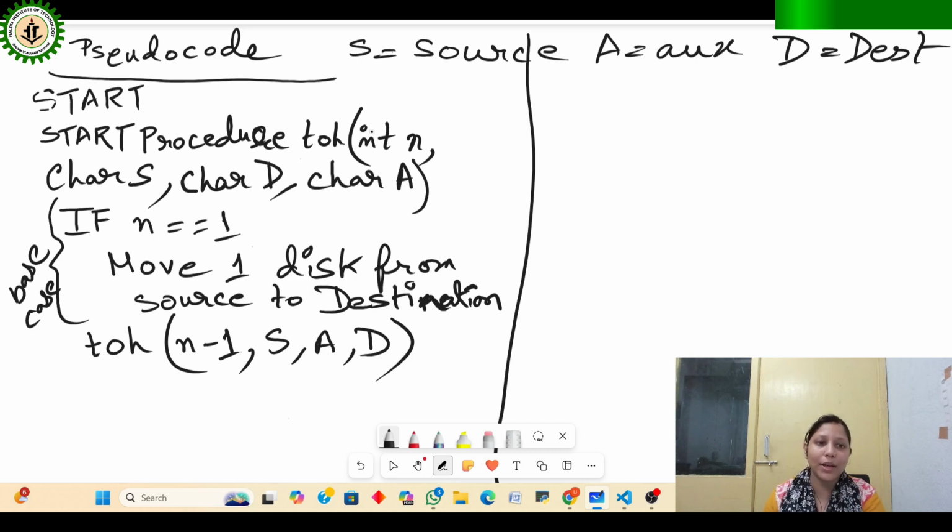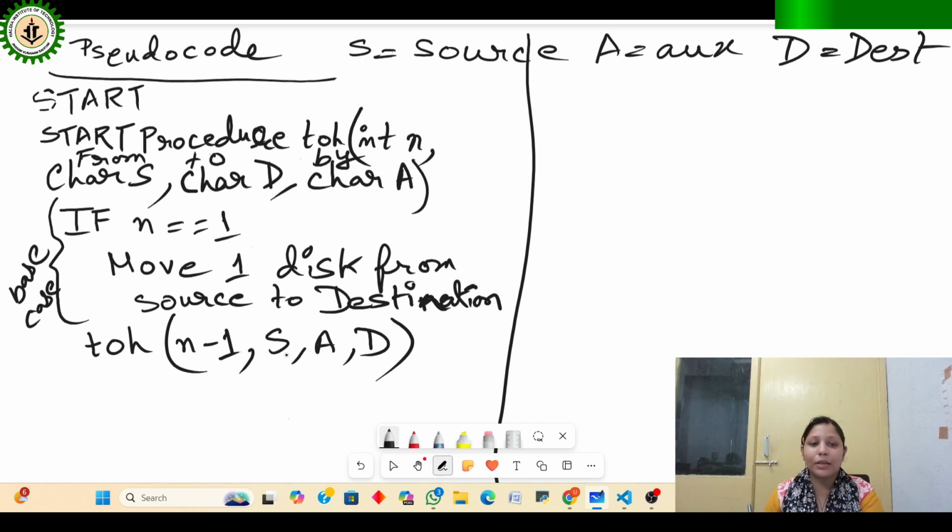And when we are calling the function, this is source to destination via auxiliary. That means from source S, the disk is moving to the destination by auxiliary. So in the middle, after declaring the disk, we will write from where it is moving to where it is moving, and then via what it is moving.